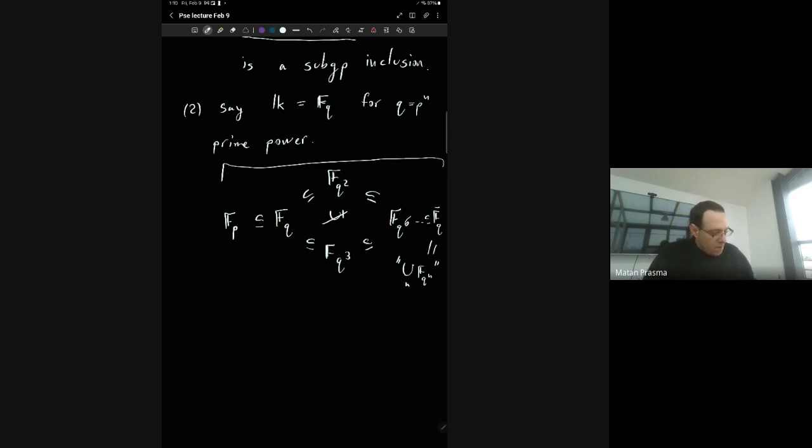And I get that the F_p-rational points are a subgroup of the F_q-rational points, which are, for example, a subgroup of the F_{q^2}-rational points, and so on. And this is all contained in the F_q bar-rational points.